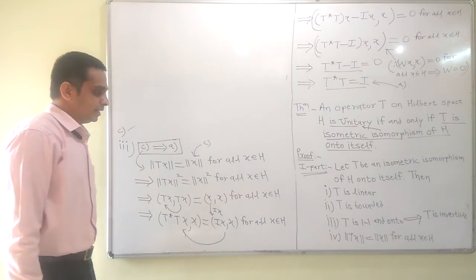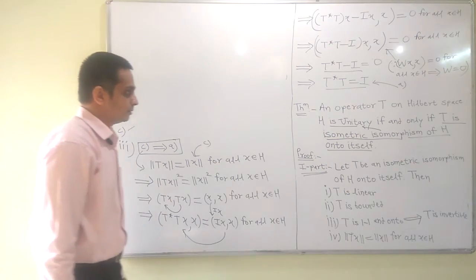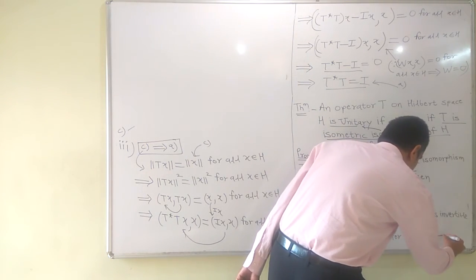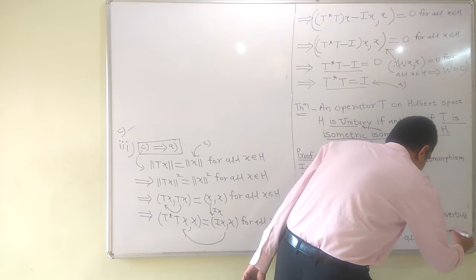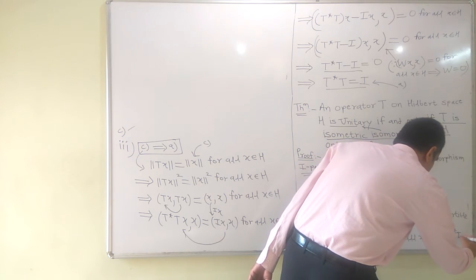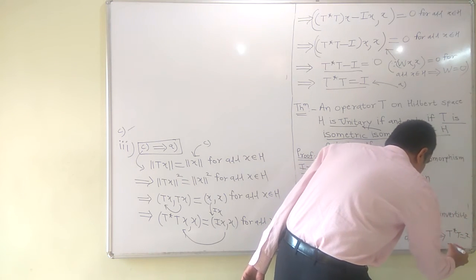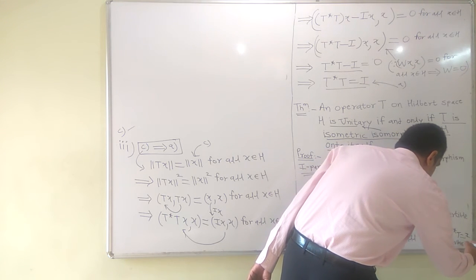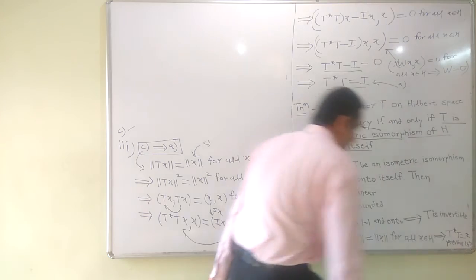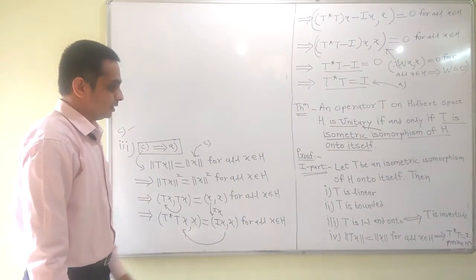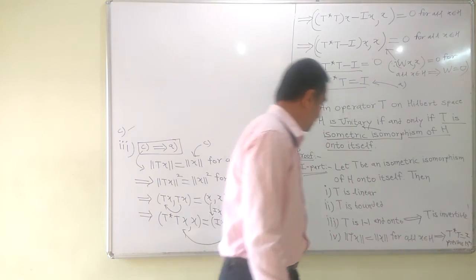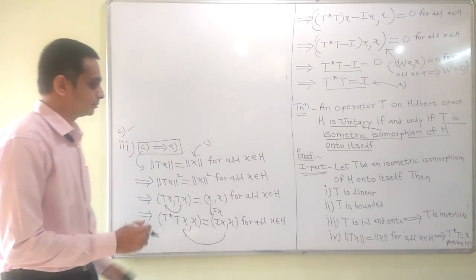Secondly, note that by the previous theorem which we have proved, we can write T star T equals I. So thus we have two facts: T is invertible and T star T equals I.